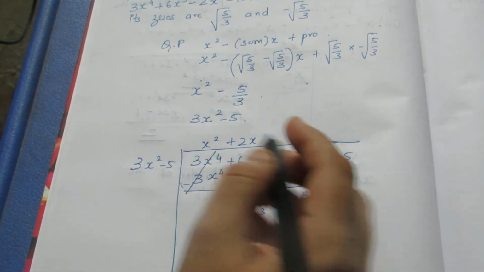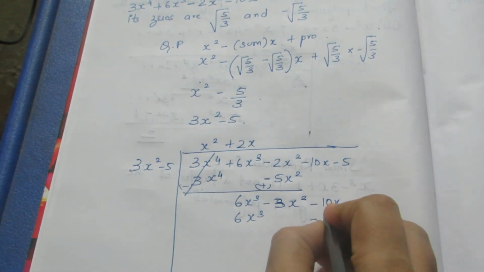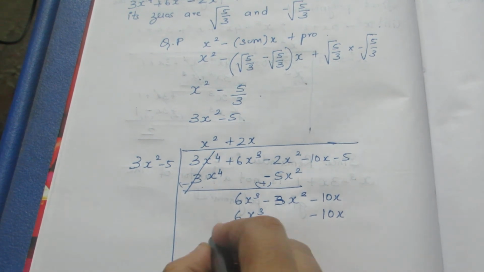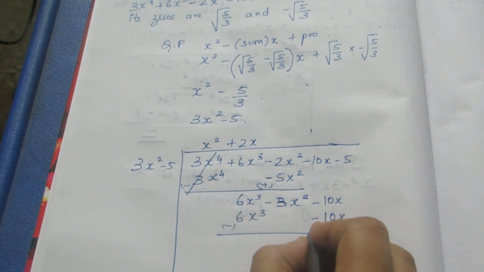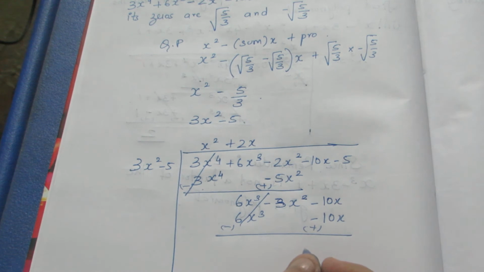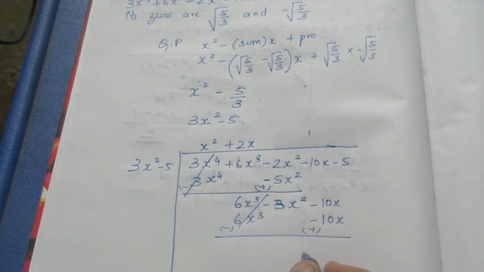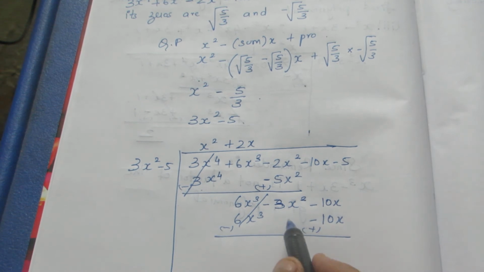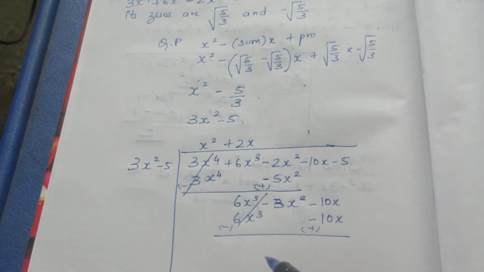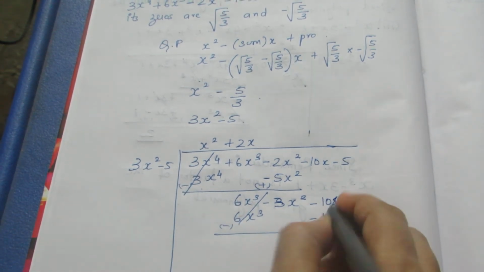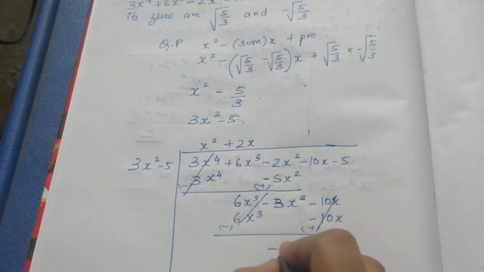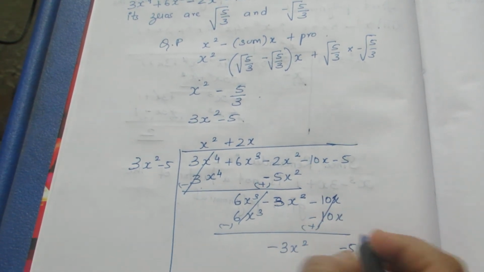Now I multiply this with minus 10x and change the sign. As it is a factor, your remainder should be 0. If it is not 0, check the sum because it is a factor, so the remainder will always be 0. Here this gets cancelled. I am bringing this number here, 3x square minus 5.